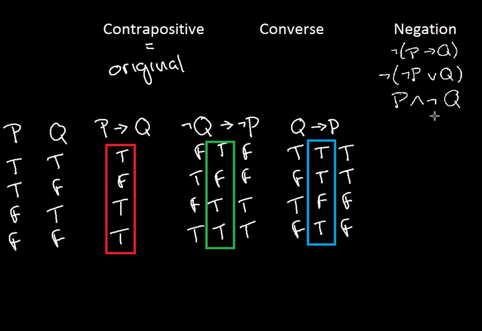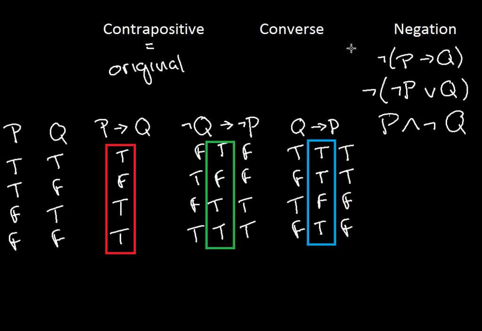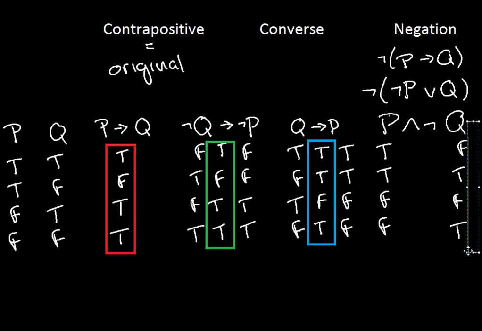Alright, now P and not Q. We know P, we can get those truth values from here. Not Q, we already made a truth table for not Q, so we can just steal that from over here. And P and not Q.